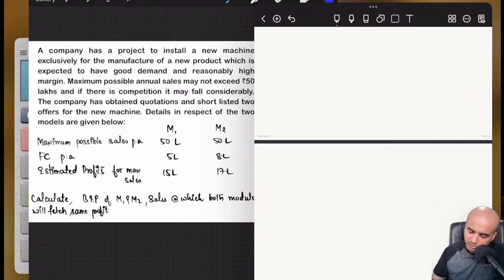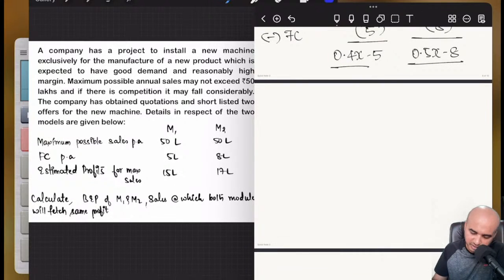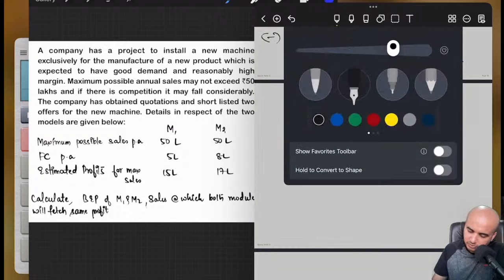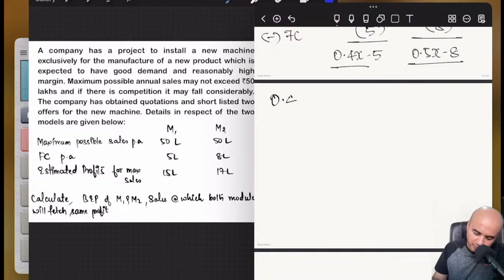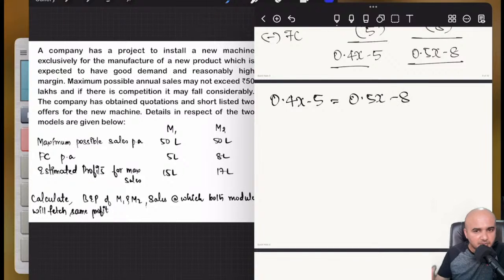For example, if I have to write this in the form of an equation, it would be 0.4x minus 5 equals 0.5x minus 8, because this level of sales will give us the same profit. Since it is the same profit, I am just putting that equal sign between the two equations. So can we simplify this further?